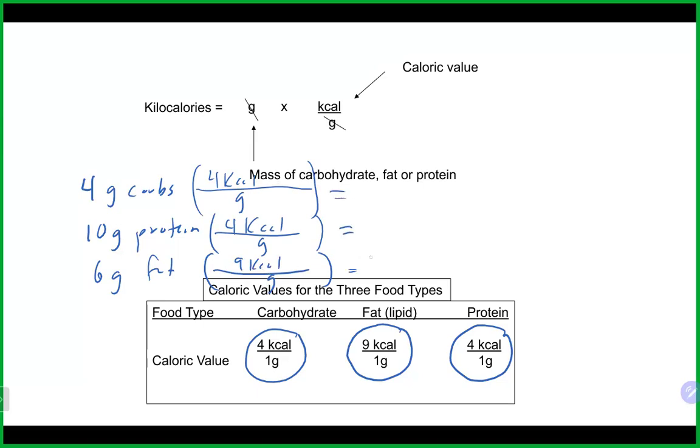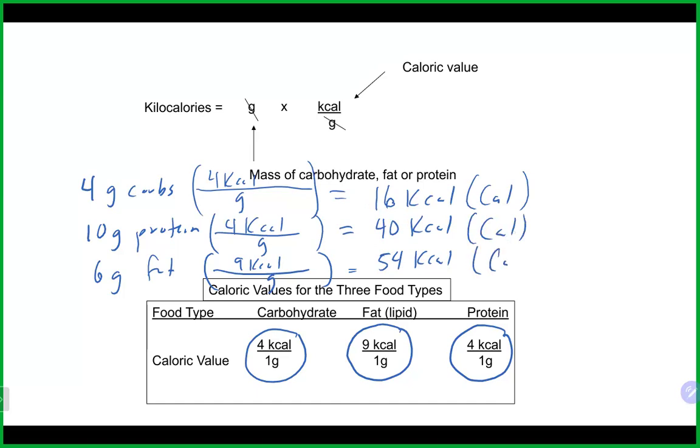And this will give us that our food in this example here is supplying 16 kilocalories for our carbohydrates. It is providing 40 kilocalories for our protein. And for our fat, it is providing 54 kilocalories. Remember that a kilocalorie is a nutritional calorie, so that's basically how many calories you're getting for each of those products.